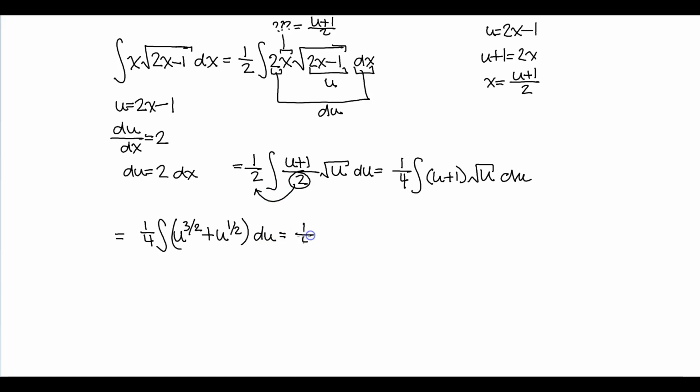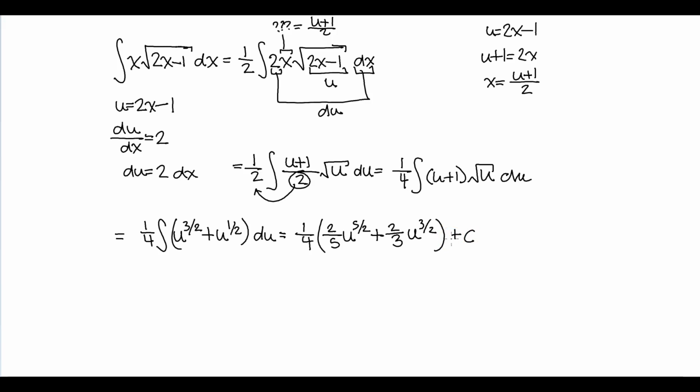And as a result, if we apply the inverse power rule twice, you get 2/5 u to the 5/2 plus 2/3 u to the 3/2. Okay, plus c.